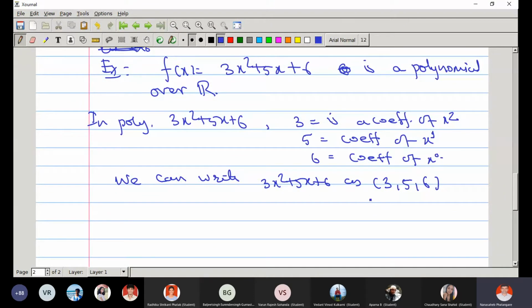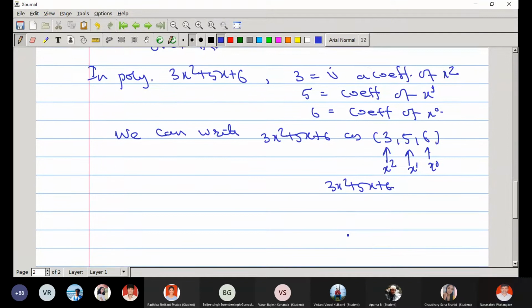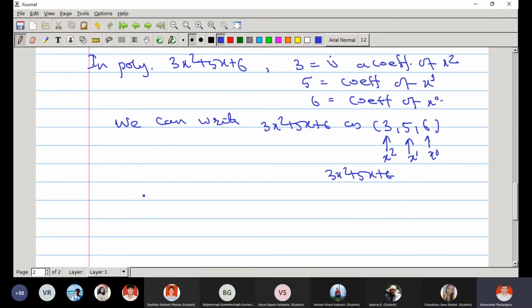If I know the rule that this is the coefficient of the constant term or x to the power 0, this is the coefficient of x to the power 1 and this is the coefficient of x to the power 2, then I can understand that this is the polynomial 3x square plus 5x plus 6, right?